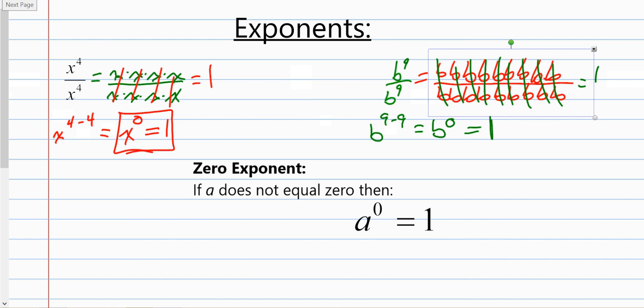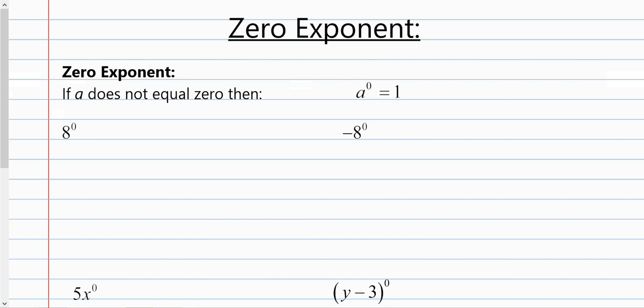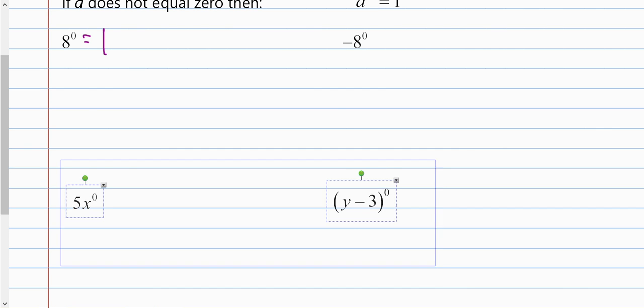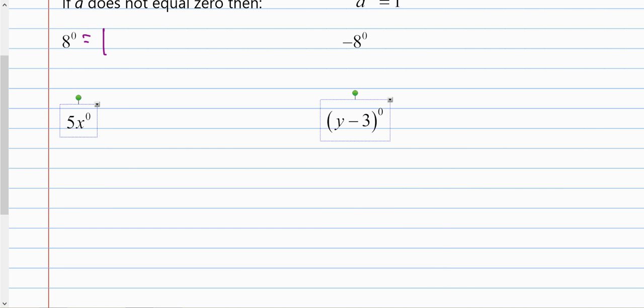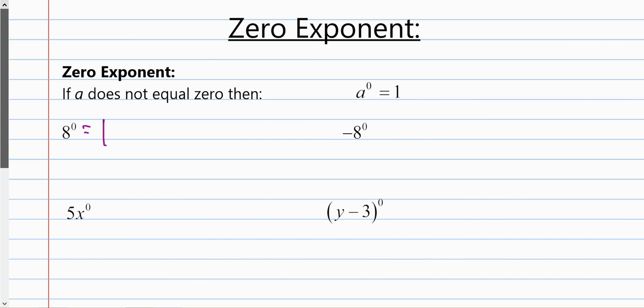Let's see how well we do with this. So if I have 8 to the 0, what should I get? 1. Yes. Let me just move these up a little bit. If I have a negative 8 to the 0, what do I have? Do I have 1? Well, be careful with your order of operations.